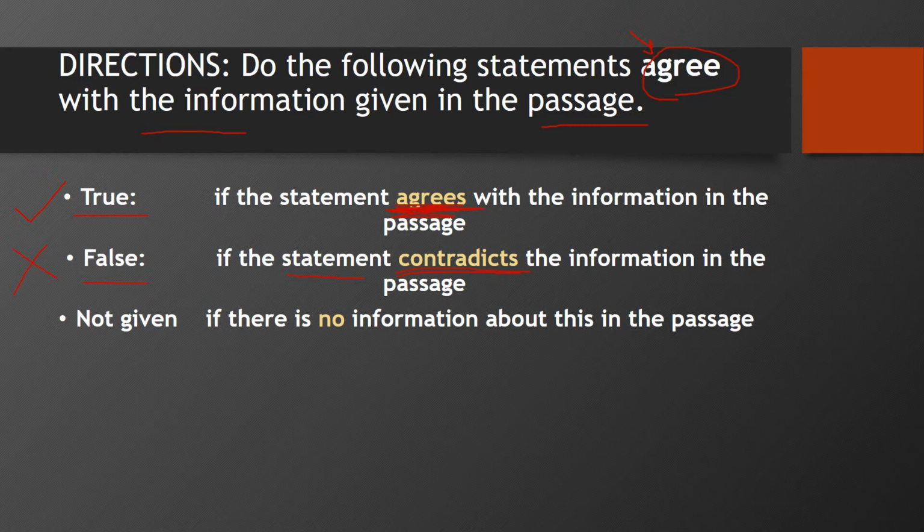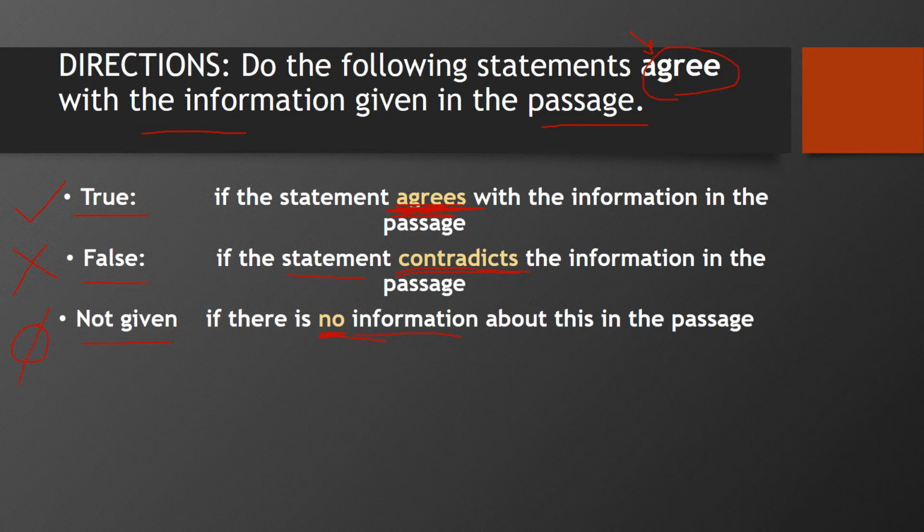Now, it is not given if there is no information about this in the passage. So if for the statement or sentence in the question, there is no sentence in the passage that is similar or contradicts the information, we should say this is what? Not given.